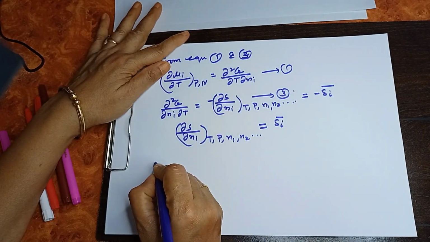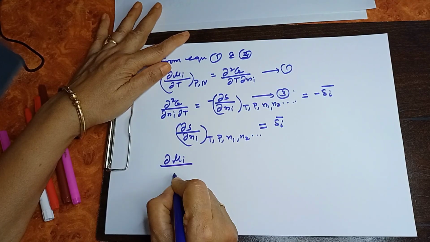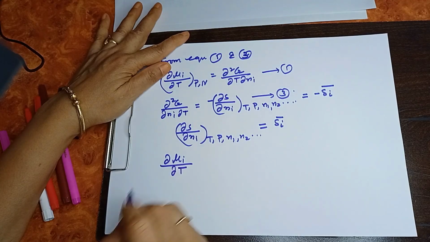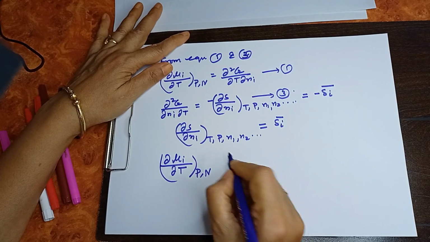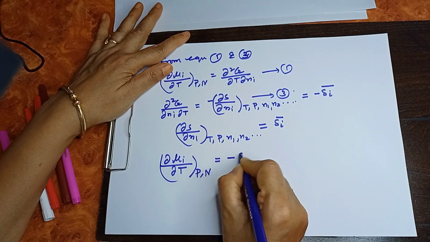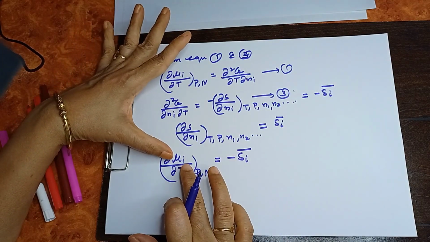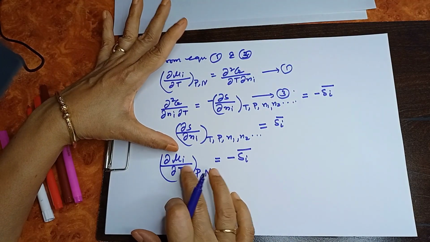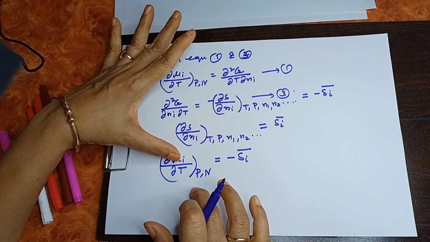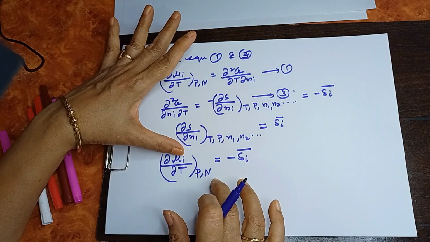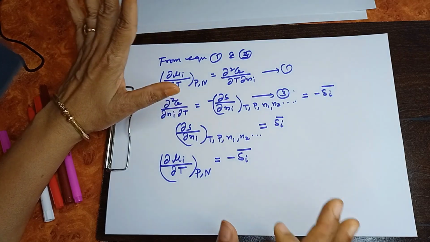Therefore, ∂μ_i/∂T at constant pressure and composition is equal to minus S_i bar. So the change of chemical potential of a component with respect to temperature at constant pressure and composition is equal to minus of the partial molar entropy.